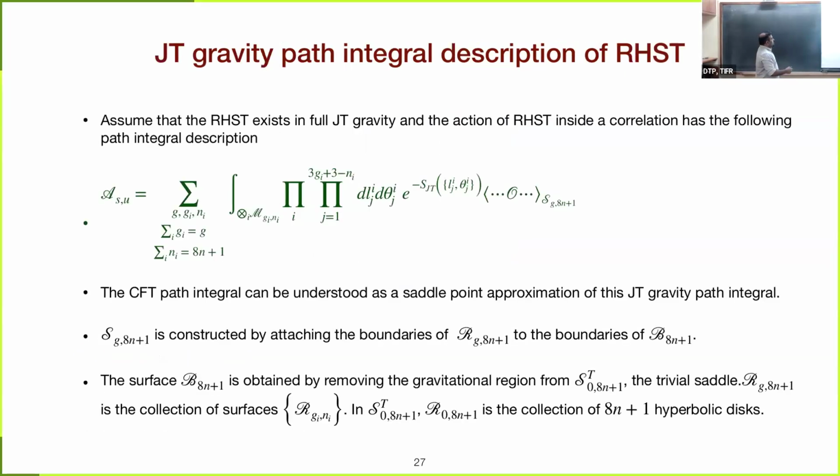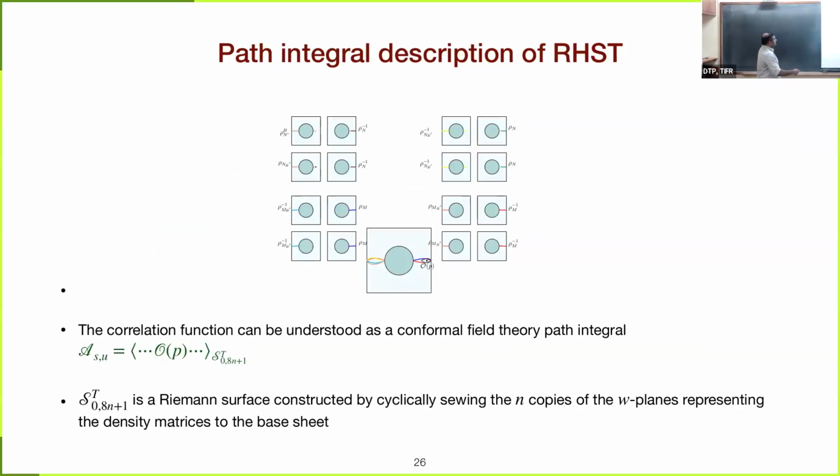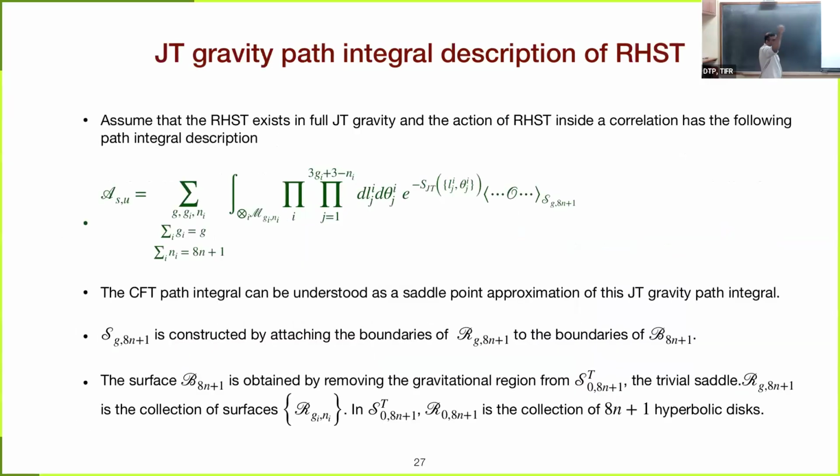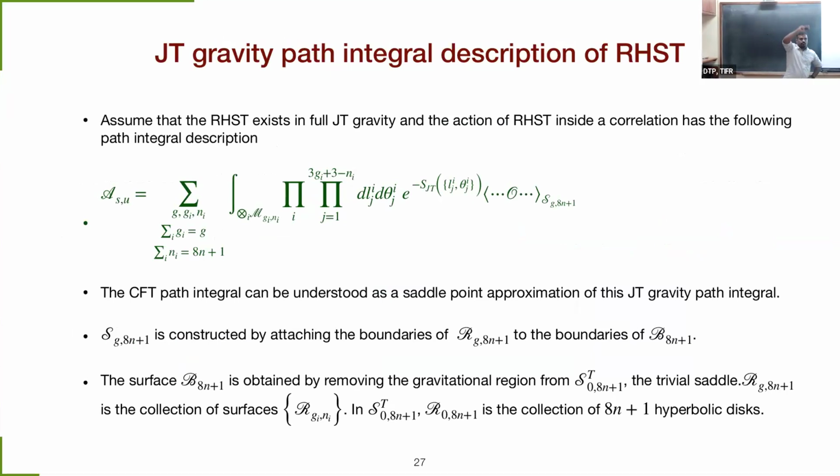Now I assume that this path integral is a saddle point approximation of some other path integral, the full path integral in JT gravity. And this path integral has to satisfy certain criteria to make sure that the half-Fourier translations form a continuous symmetry group. Based on that, we have to constrain this path integral.